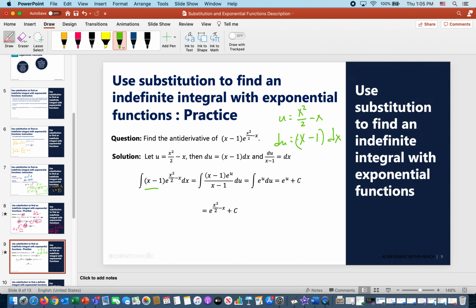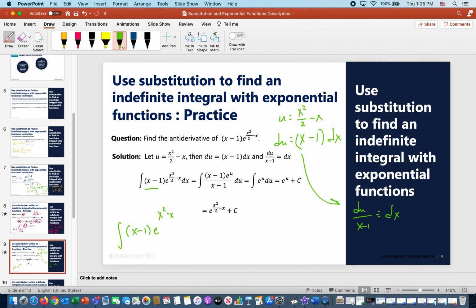So again, we're going to replace dx with du over x minus 1. Let me show you how that works right here. I'm going to divide both sides by x minus 1, and that's equal to dx. So if we take our integral over here, we've got x minus 1 times e to the x squared over 2 minus x times dx.